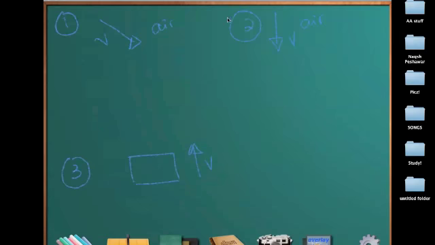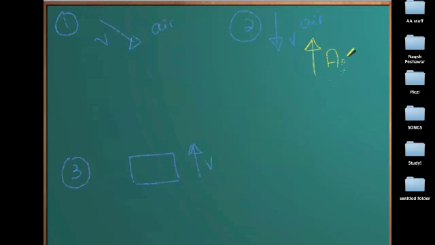Let's first solve case number 2 because it's easier. Since the motion is in the downward direction, the air resistance would be in the upward direction. In this case, since the motion is in upward direction, the air resistance would be in the downward direction. And since here it's making an angle with the x-axis, the direction of air resistance would be exactly opposite to that of the direction of motion. So these are the few things.